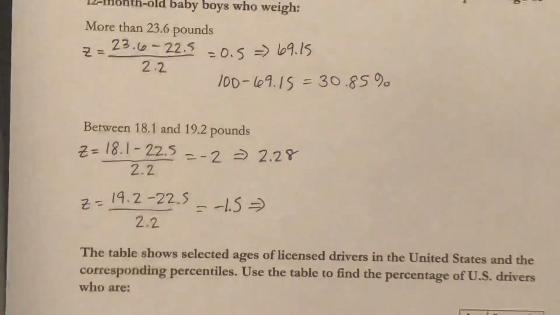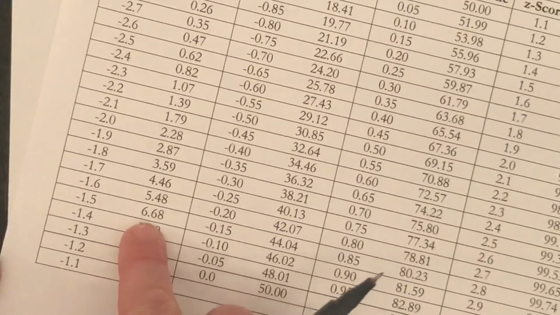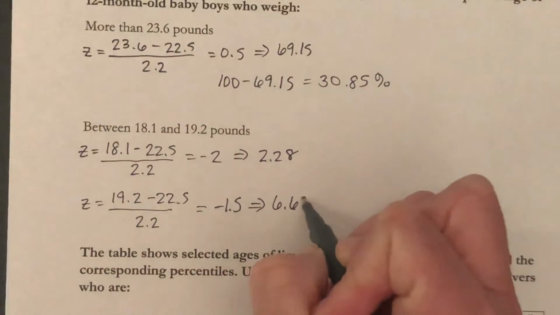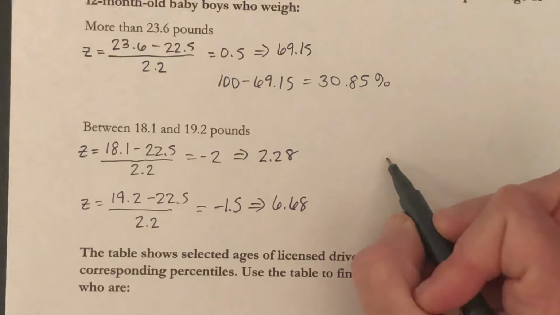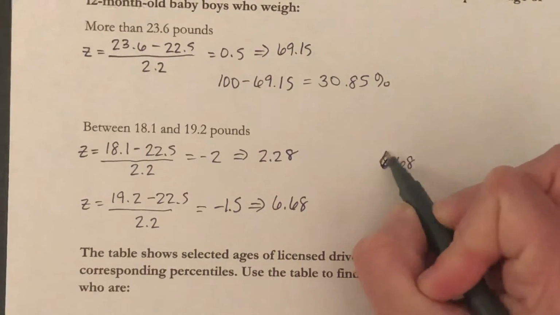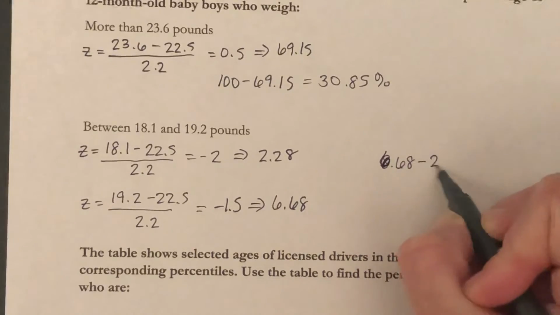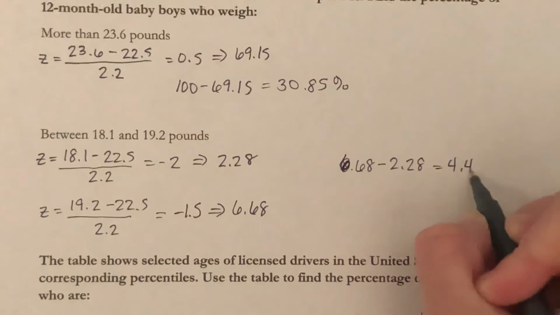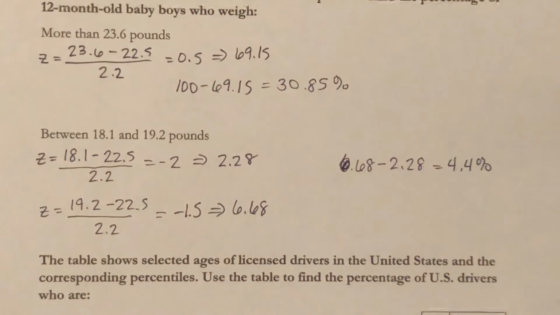And -1.5 goes with 6.68. So the answer we're looking for is 6.68 minus 2.28, which gives us 4.4%, which is what we're looking for.